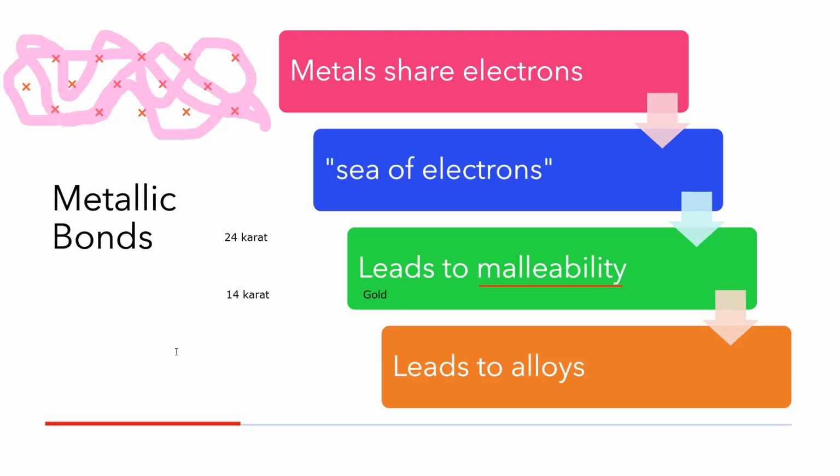And the 14 karat gold is not pure gold. If 24 is pure and you have 14, there's 10 carats of something else in there. But we can do this easy math and we can see what is 14 divided by 24. Somebody do that for me.